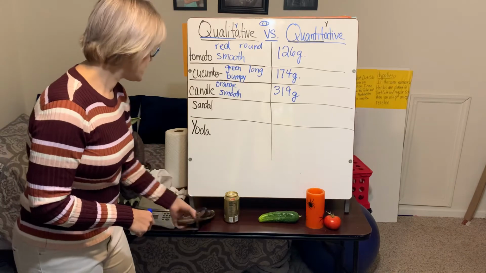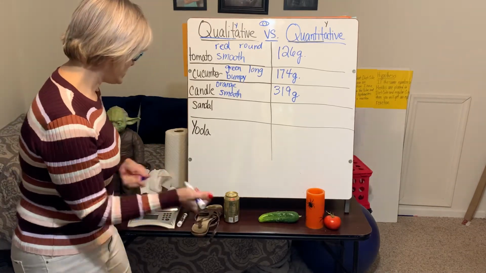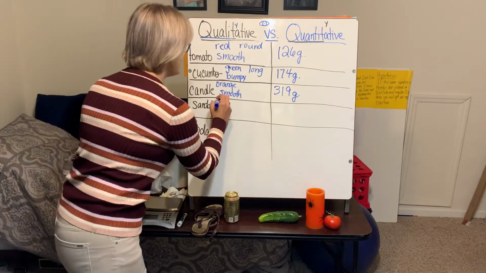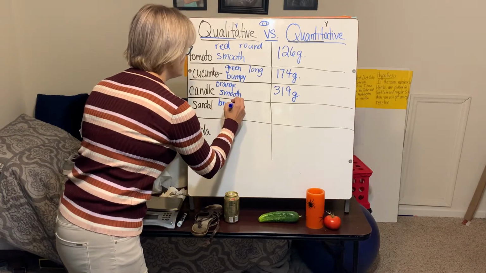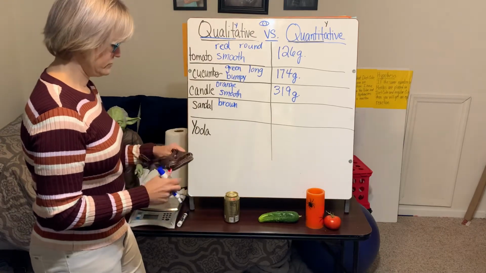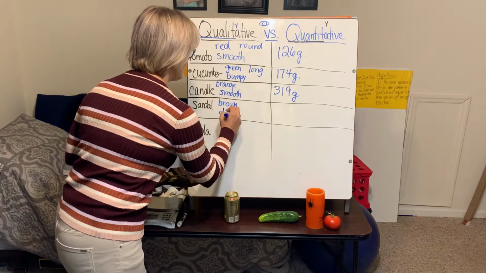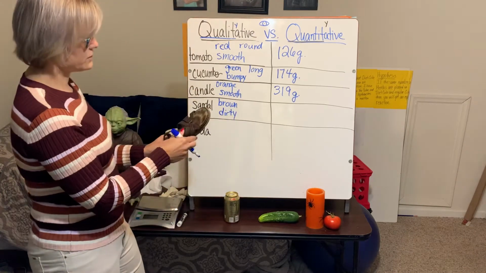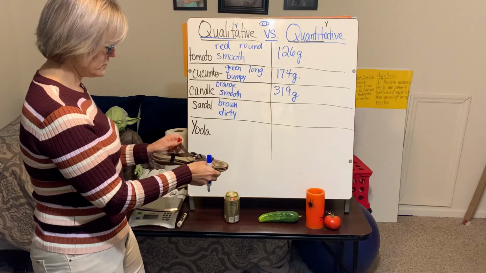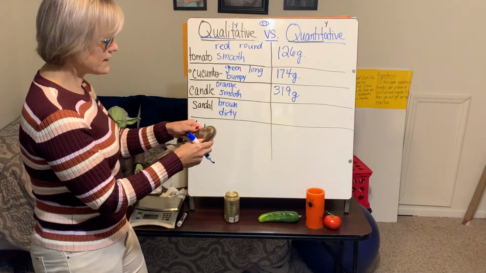All right, my sandal. All right, my sandal is, let's see, my sandal is brown. My sandal is dirty. Let's see, what else can I say about my sandal? My sandal is, well, the leather's kind of smooth.